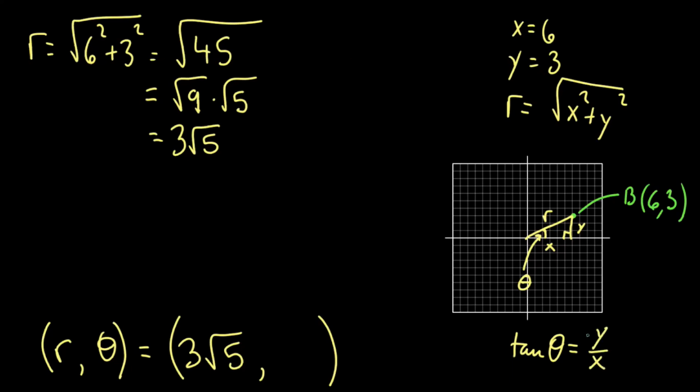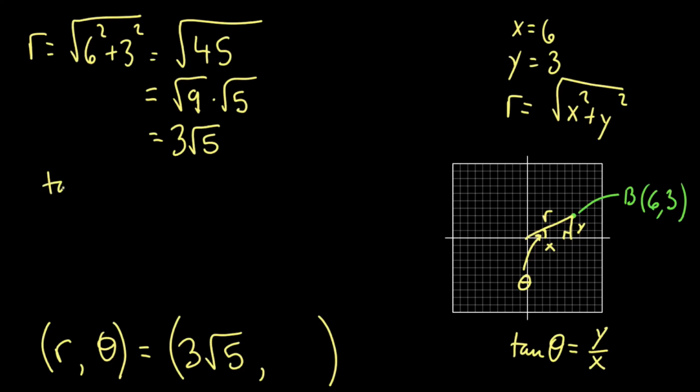And then once I have that equation, I can solve for theta, but I need to remember that there's actually two possible places where this equation could be true on a coordinate system, because if y over x was positive, it could be in quadrant 1 or it could be in quadrant 3. If it was negative, it could be in quadrant 2 or quadrant 4. So when I go and solve this equation for theta, I will have to keep in mind what quadrant my point is in.